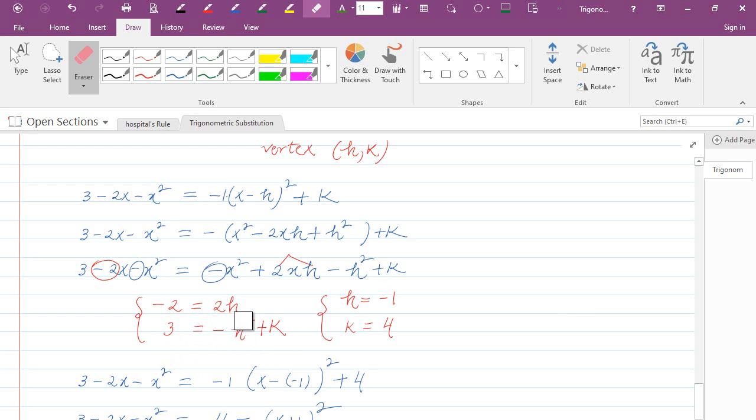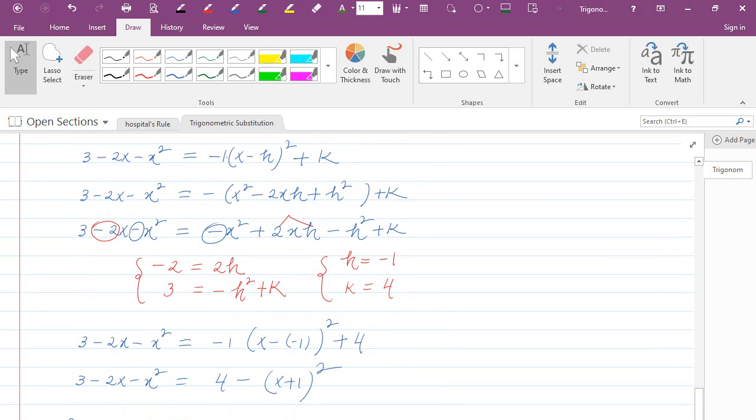So from here I see that h has to be -1, and if h is -1, if I plug in -1 here, I'm going to get (-1) squared, which would be 1, so I get -1, so k would be 4. So what we have found then is that h is -1 and k is 4. So this parabola is -1 times x minus h squared plus k.